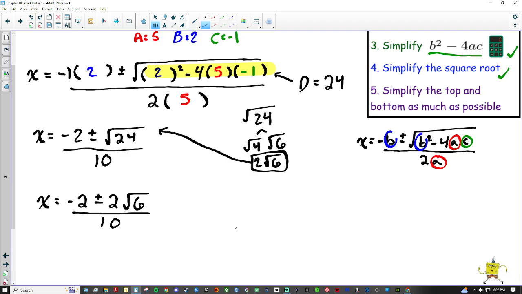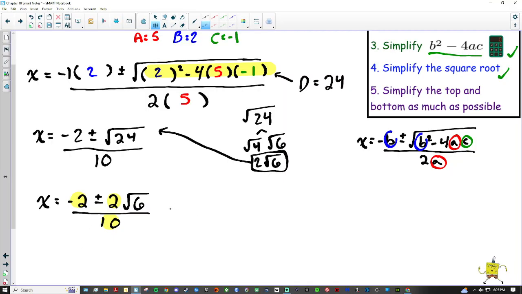Now, we need to simplify the top and simplify the bottom as much as possible. When I look at this, I see 3 regular numbers, a -2, a 2, and a 10. All of these can be divided by 2. They can be simplified, so I should do that.